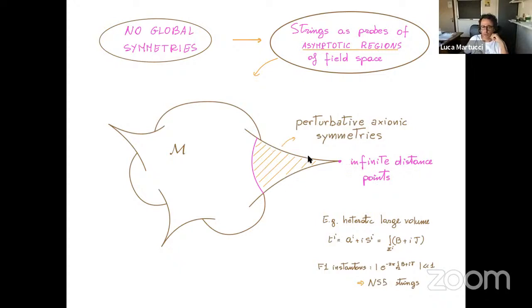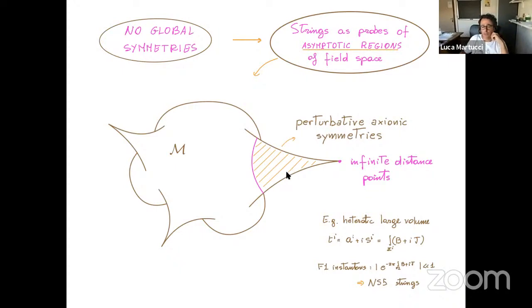Okay, so we need to focus on these asymptotic regions in which the set of axionic symmetries we're interested in is preserved in the corresponding perturbative expansion, and only broken by exponentially suppressed non-perturbative corrections. So we see that already at this level, these fundamental strings appear as natural probes of this asymptotic region of the field space characterizing a given effective field theory.